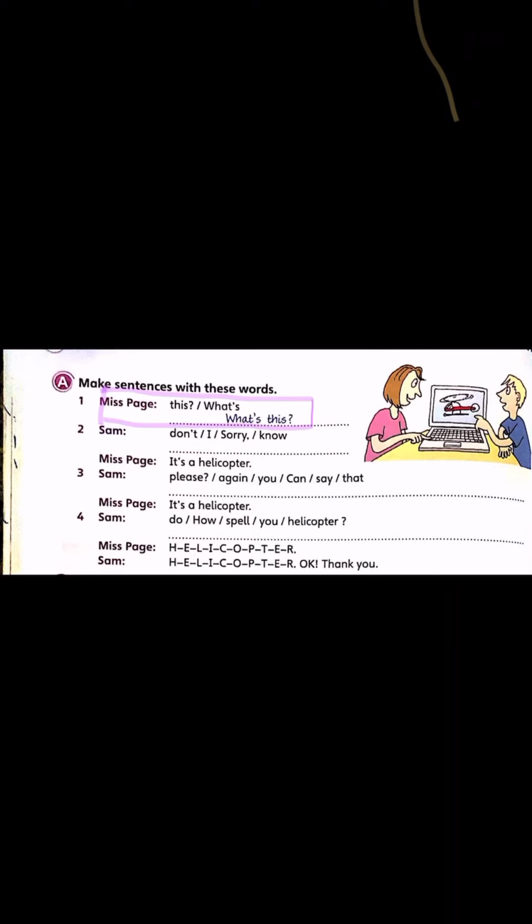As you see, the word that comes first is the word in a capital letter, which is what with a capital W. That's why we place it in the first place.